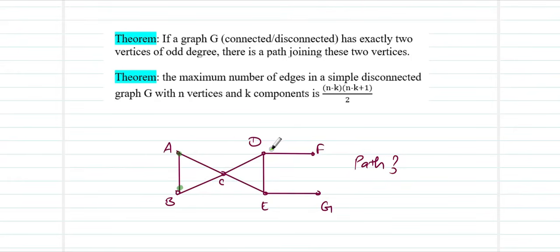Here you have 1, 2, 3, 1, 2, 3. Here you have a degree 1, a degree 1. So this also is going to have 4 vertices of odd degree, and so we will be able to find a path between these two quantities.